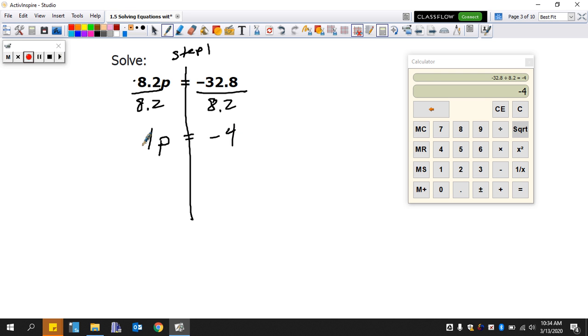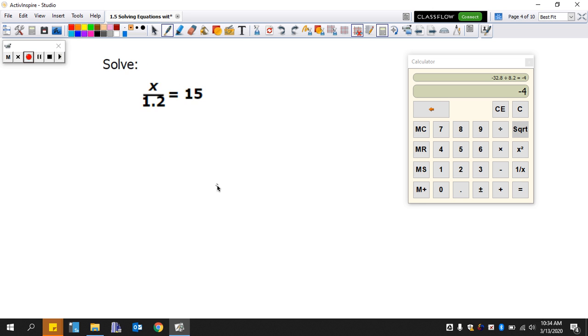And remember, most of the time, I mean, we never write down the 1, so just p is equal to negative 4. All right? The next one, the first step is draw our line. This is a division problem.